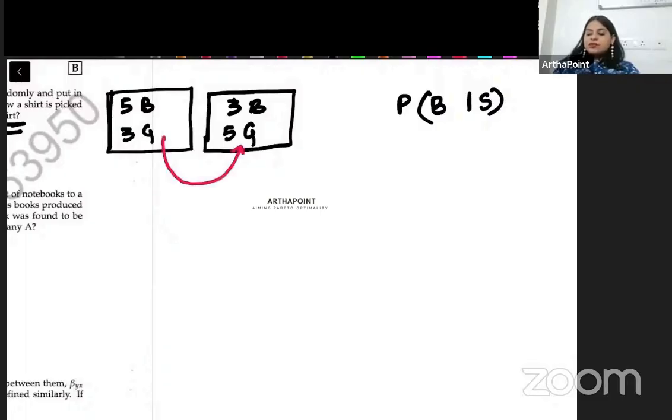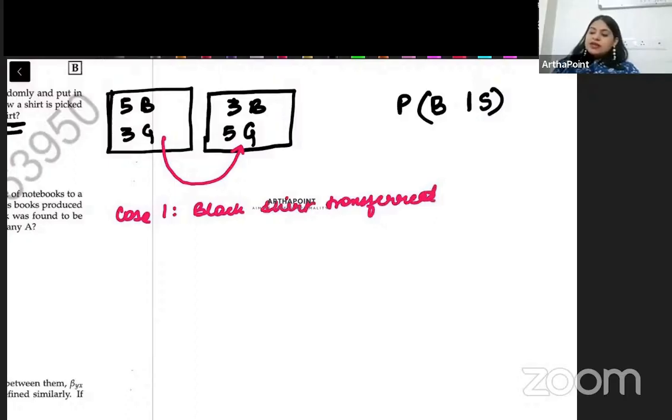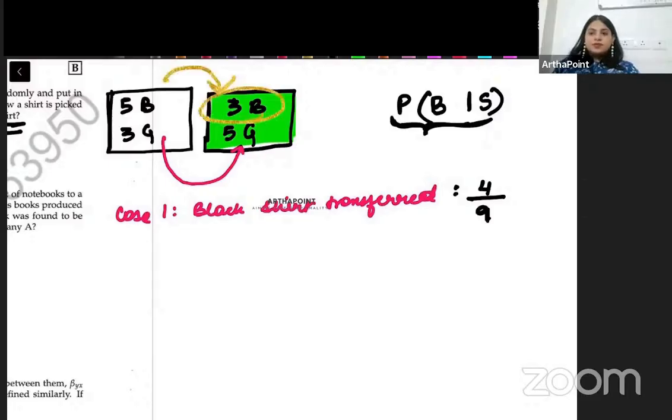So case 1: I transferred a black shirt. Then, beta, in this box there would have been 4 black and 5 green. So if I have to pick a black shirt, there were 4 black out of 9 shirts, because one more black shirt would have been transferred from here.